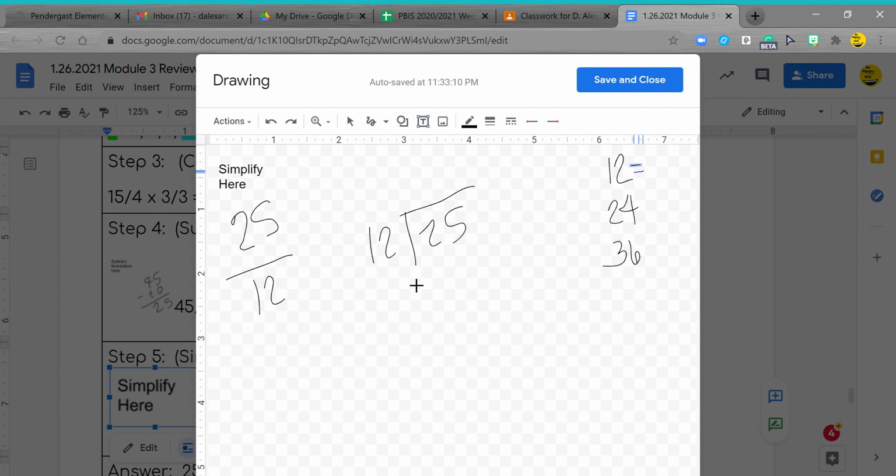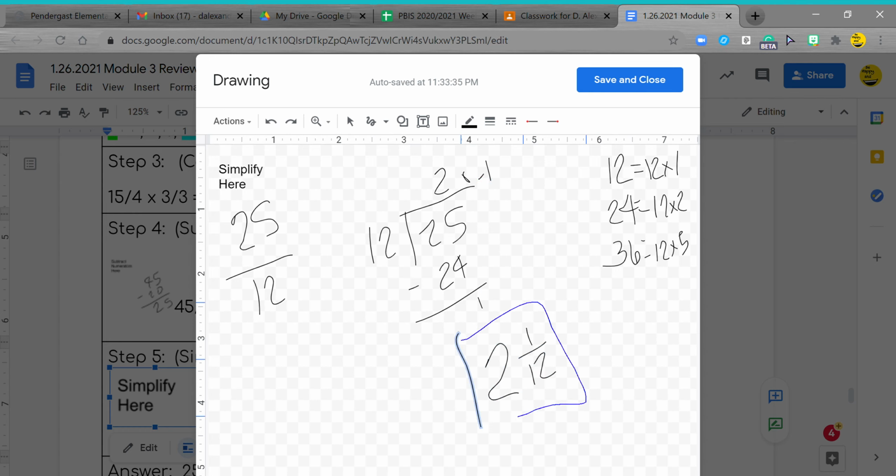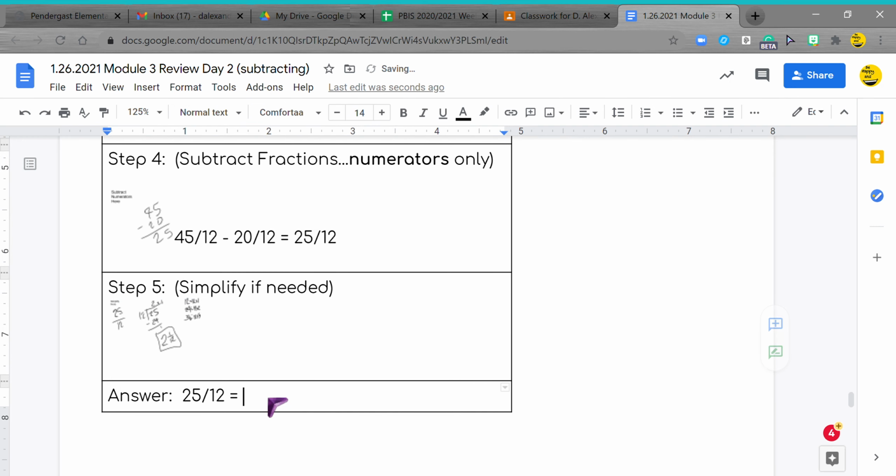That's 12 times 1, 12 times 2, 12 times 3. I see that it goes 2 times. 2 times 12 is 24. I subtract. I have a remainder of 1. So it's 2 and 1/12. That is my mixed number. I'm going to hit save and close. And then right here, write 2 and 1/12.